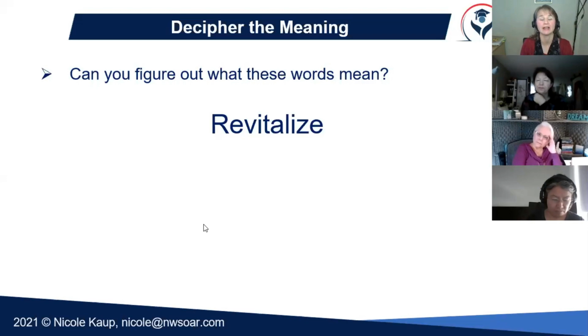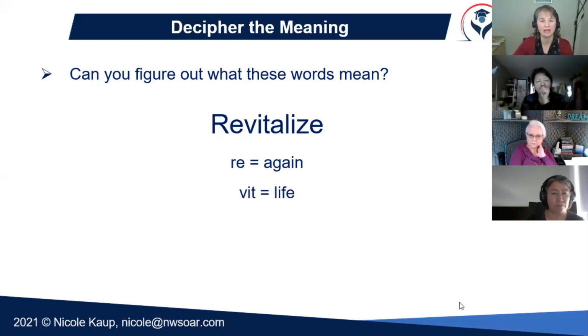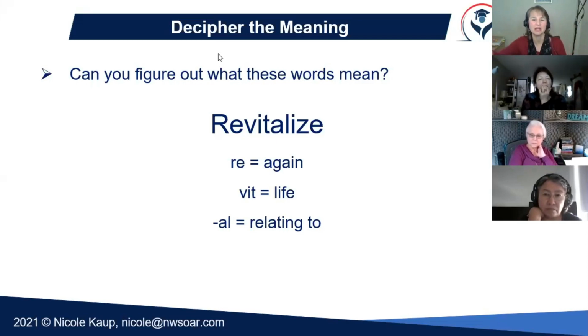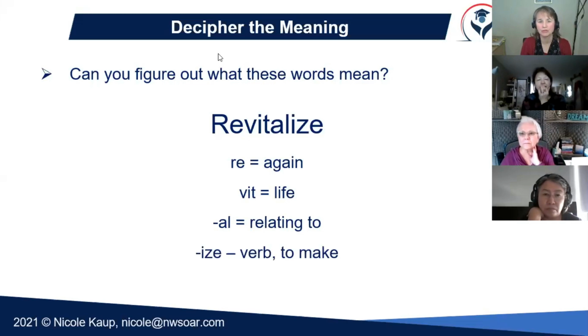So revitalize. First you see re, again. And then you see vite, which means life, right? Latin root for life. And then you have an al, which is not actually at the very, very end. We have two suffixes in this word. Al is relating to, and ize is the verb to make.